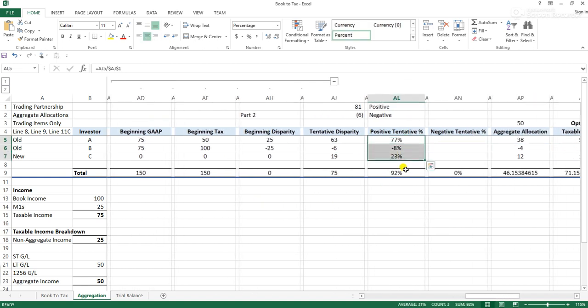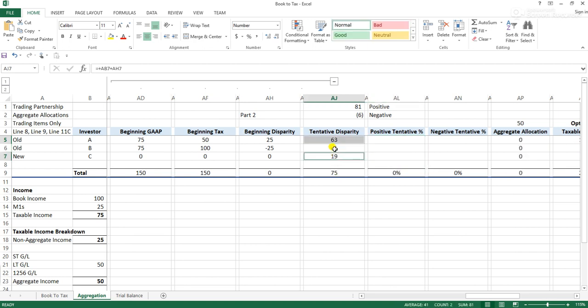What that does is we have investors who are in different positions. 2 who are in a gain position, 1 is in a loss position. When trying to figure out how to allocate the $50 of gain, we'll split the tentative disparity, and tentative disparity again is going to be build up plus beginning.